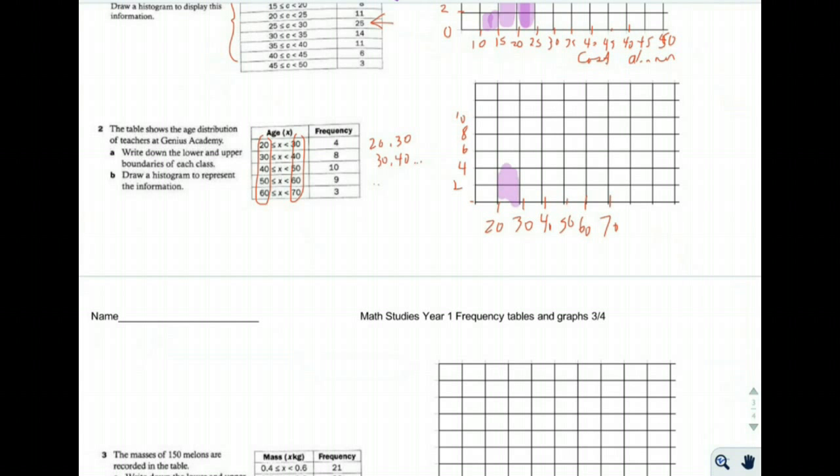For 30 to 40, I'm going to mark the frequency 8. 40 to 50, I'm going to mark the frequency 10. And so you just continue like that. And if you want to label the titles here, you would put age, and for here you would put frequency. Okay? All right, and that's it for page 2.